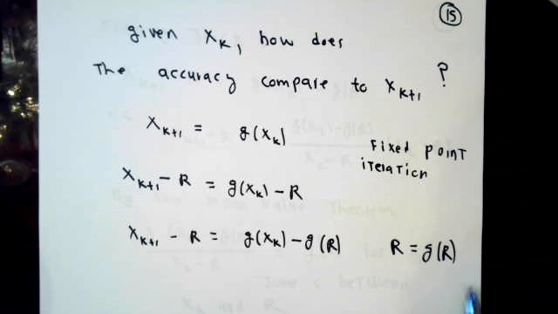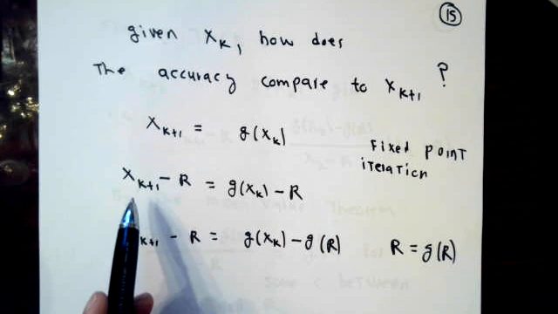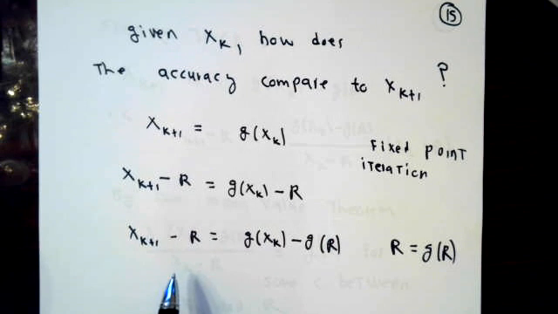R and g of R are the same number. So this tells me that x_{k+1} minus R is g at x_k minus g evaluated at the fixed point. So far, this is nothing that I can relate to anything else that I can easily think about, but it's almost there.